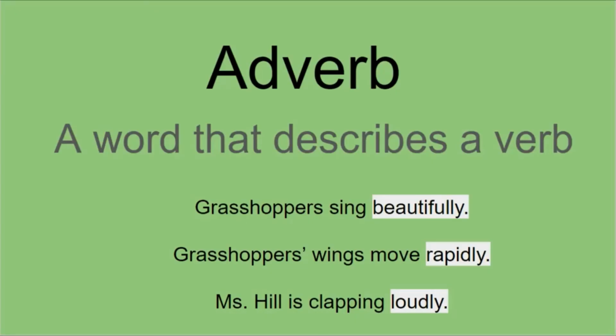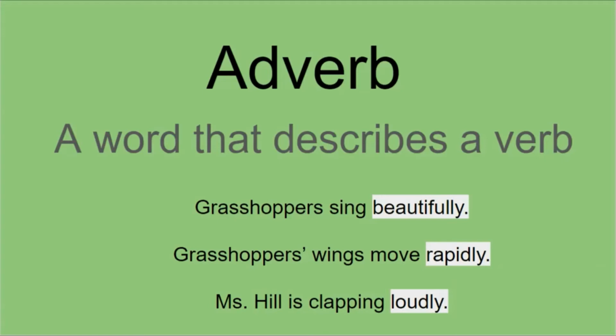Okay, boys and girls, I know that in our classes, we've been learning about what verbs are. Remember, verbs are action words. Today, I want to talk about adverbs. Adverbs are words that describe verbs, so they explain how the action word was being done.